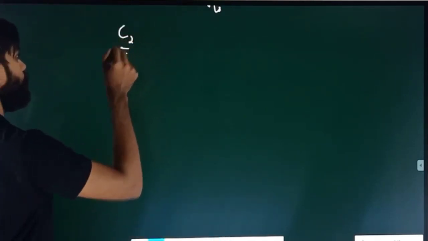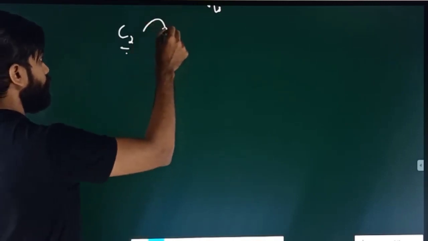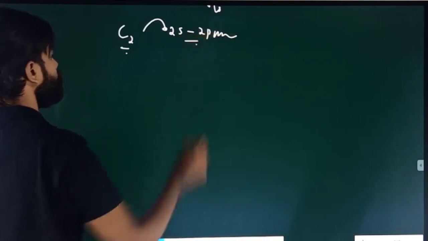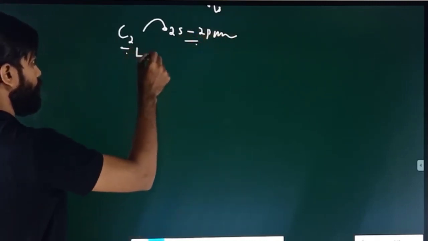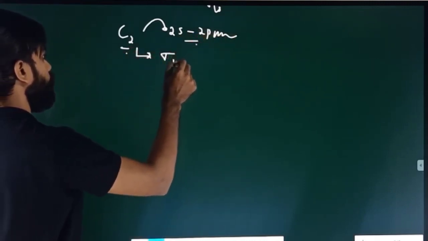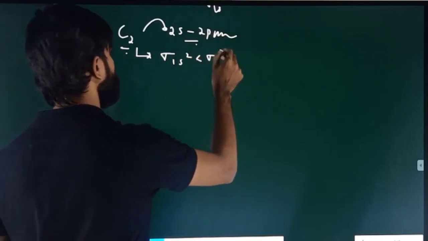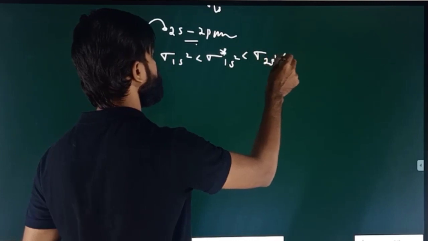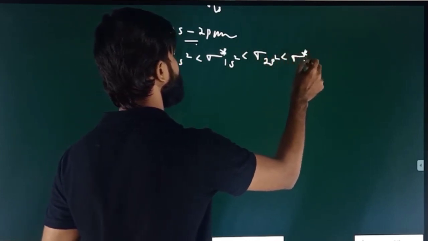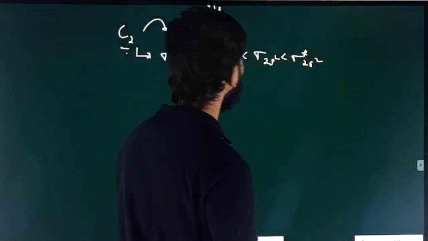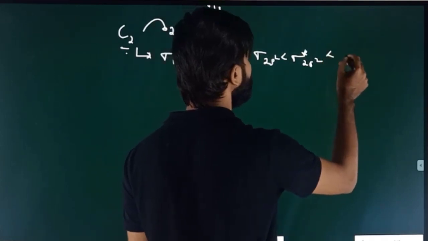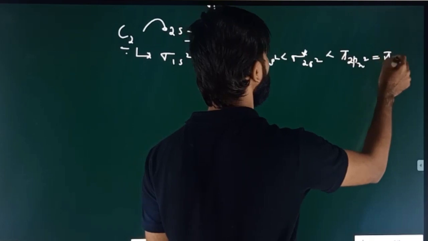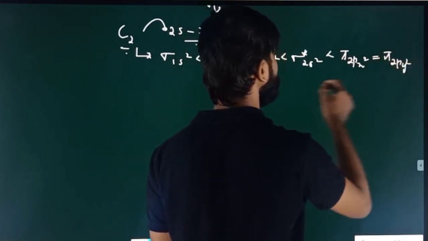Now let's discuss the molecular orbital diagram of carbon, which has 2s2p mixing. What about the configuration of carbon? We know it is sigma 1s2, sigma star 1s2, sigma 2s2, sigma star 2s2, less than pi 2px2 equal pi 2py2.